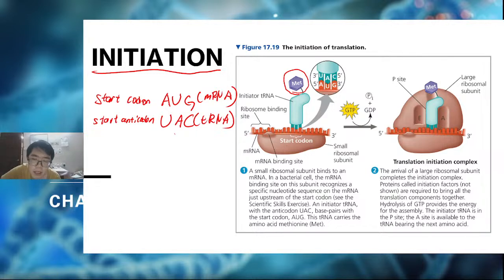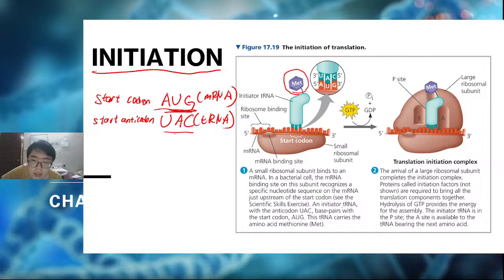And it already has the start codon, the tRNA that has the UAC codon and carries methionine, the activator tRNA, will come to the mRNA and begin the bonding. The bonding will occur between the start codon with the start codon. So the mRNA binding site on this subunit recognizes a specific nucleotide sequence of the mRNA just upstream of the start codon.